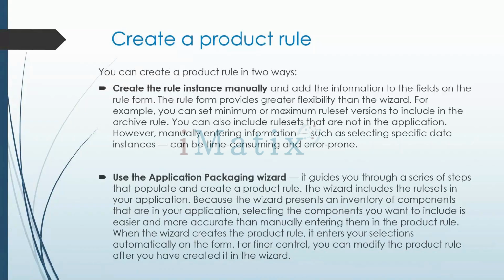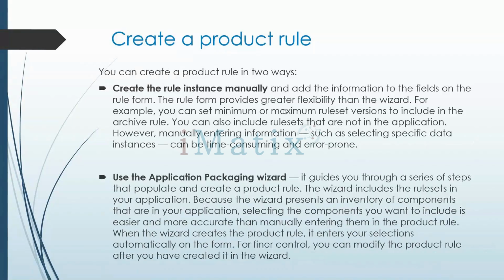But this might come in handy when I have a limited number of rules. Suppose I fixed a bug which just involved one rule, then I can easily go ahead and create my product. Maybe just 2 to 3 rules are modified. It's easy for me to identify them and move them across.